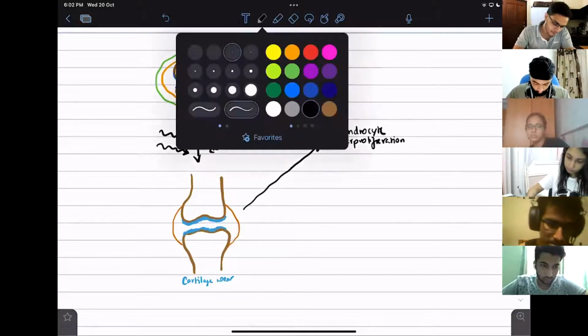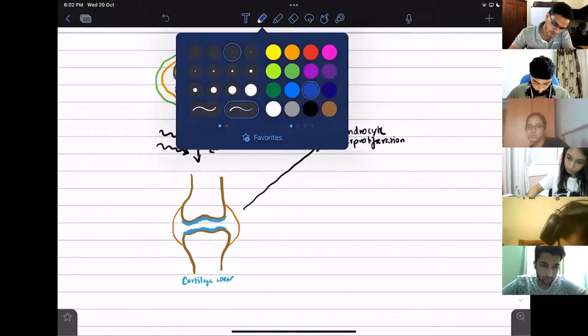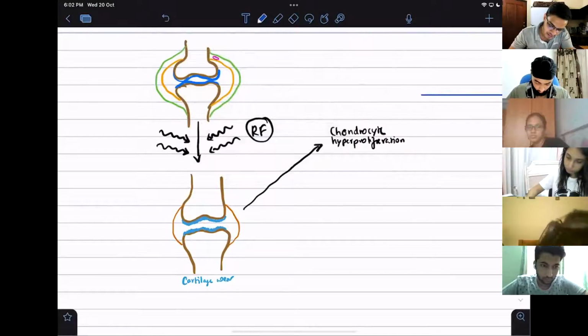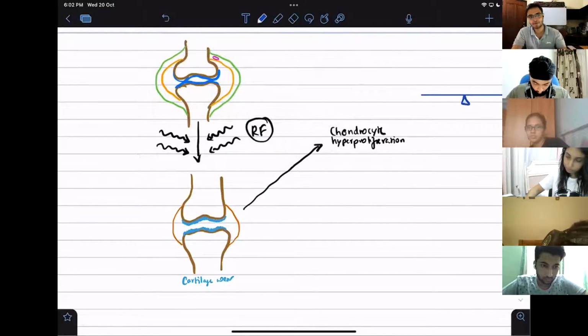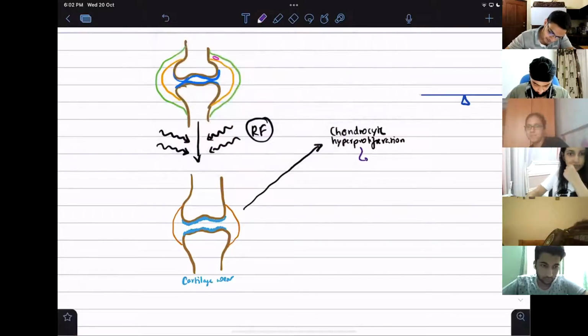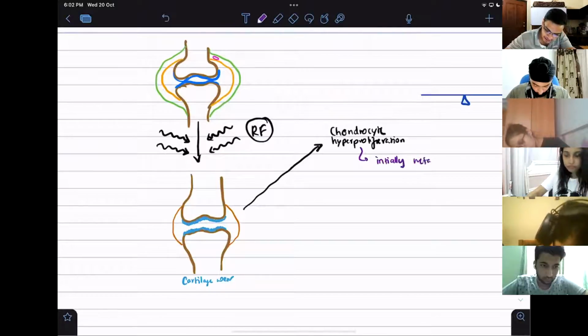If you remember the functions of chondrocytes, they maintain a dynamic equilibrium between cartilage production and cartilage degradation. Initially, from some underlying mechanisms, the metabolic activity increases.